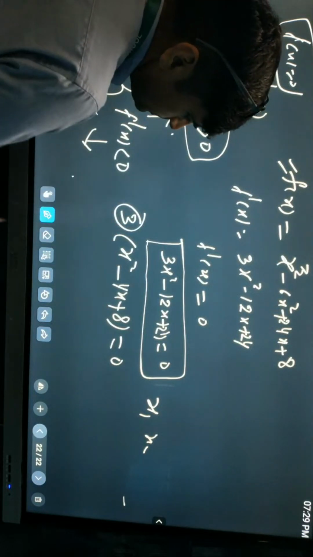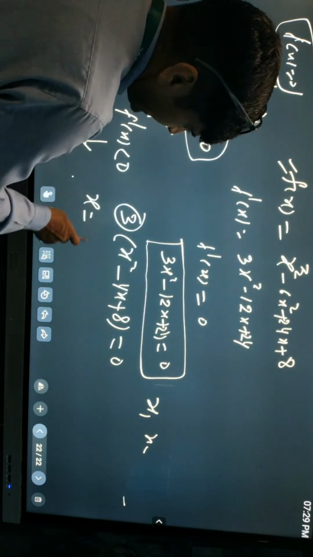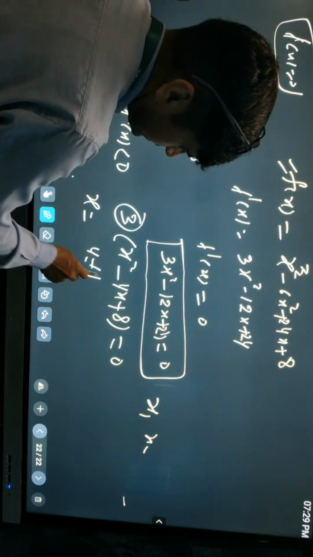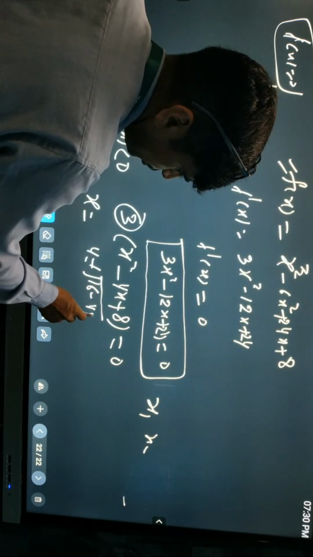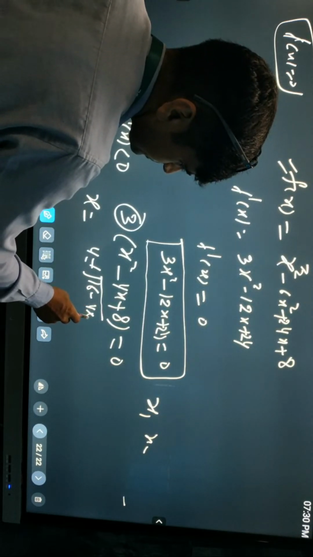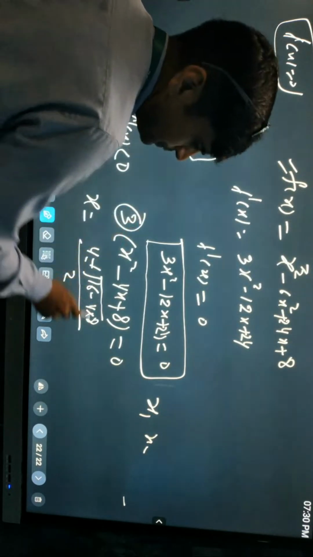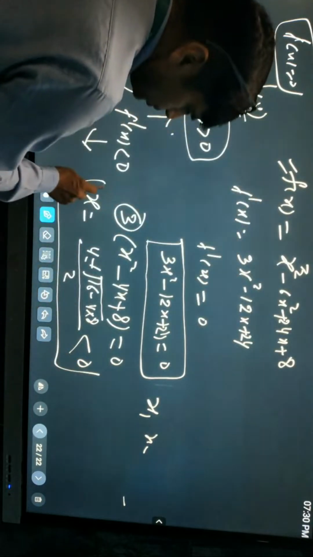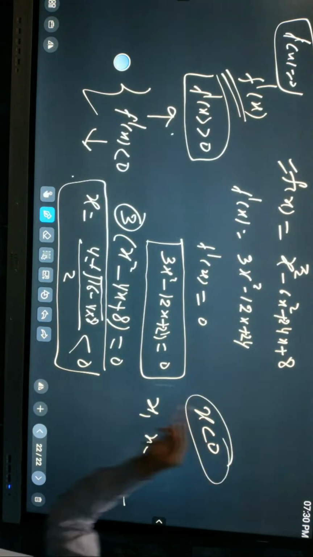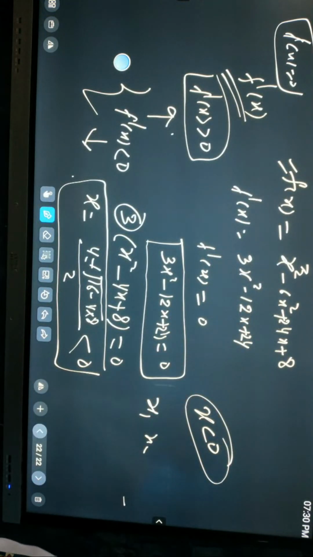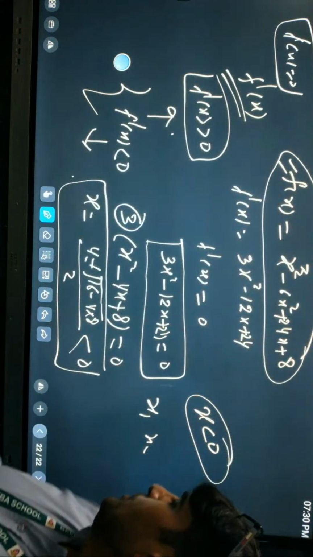So x equals minus b plus minus under root b square minus 4ac, upon 2a. This gives negative values under the root, bachcho. That's why we cannot find the intervals of increasing and decreasing for this graph.